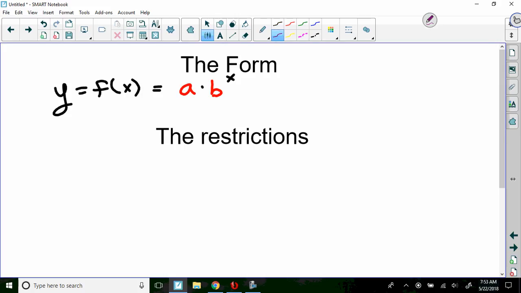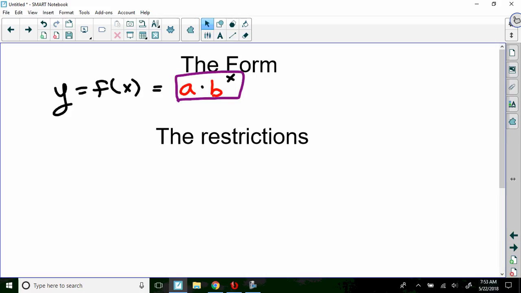Okay, that's the form. And what we'll see over the series of the next few graphs, is that a and b, whatever they are, they're going to affect the graph. And we'll try to make some conclusions or draw some conclusions about how a affects the graph, how b affects the graph. And I don't want to give too much away just yet.